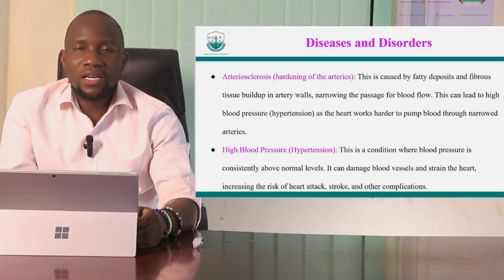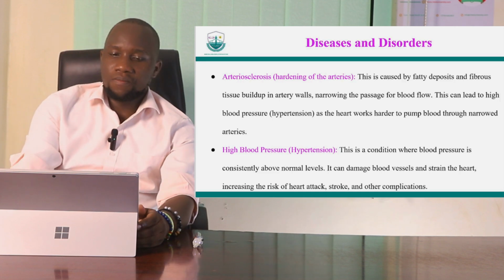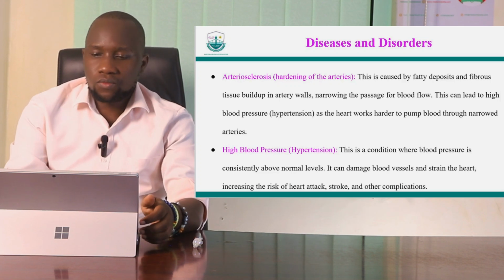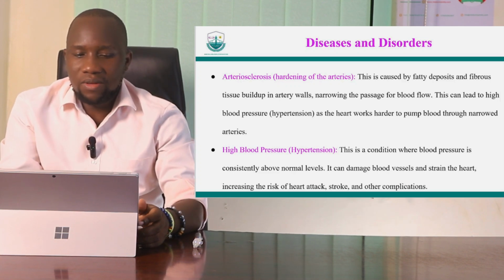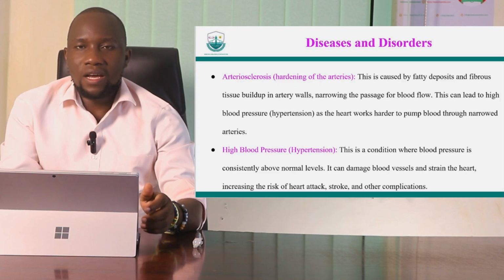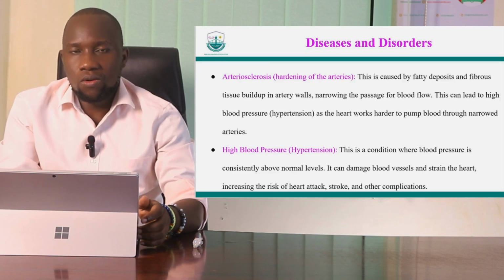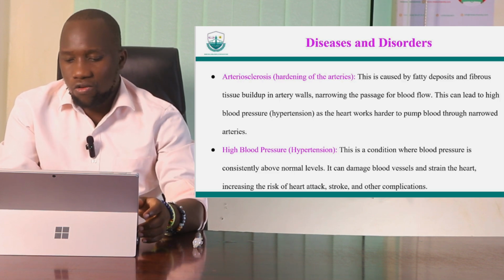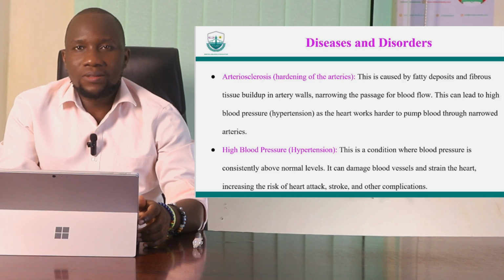When you have blood vessels, especially the arteries, hardening, that means that we have fatty deposits and other fibrous tissues building up in the walls of these arteries. So this makes it difficult for the blood to flow in these arteries.